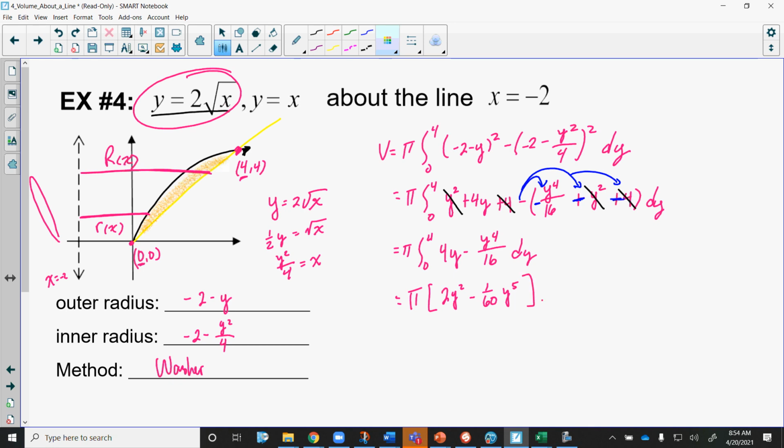And we're going from 0 to 4. Again, I like having that lower bound be 0 because it really means we only have to substitute the upper bound. So let's see what we end up with.